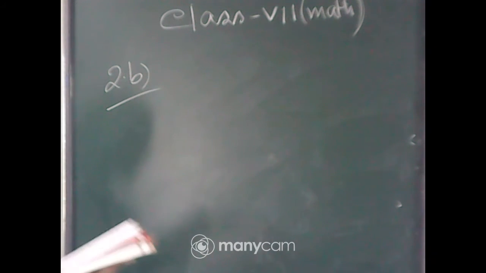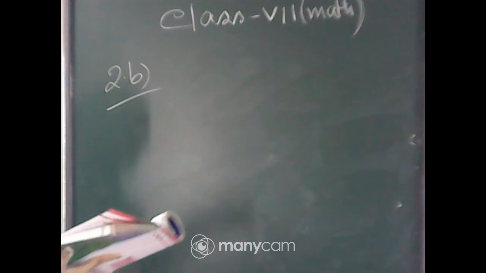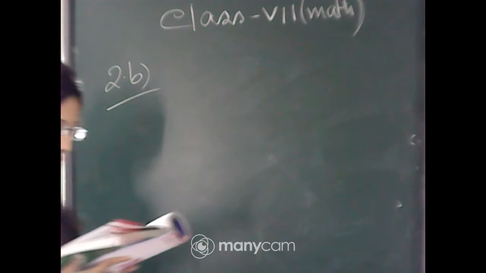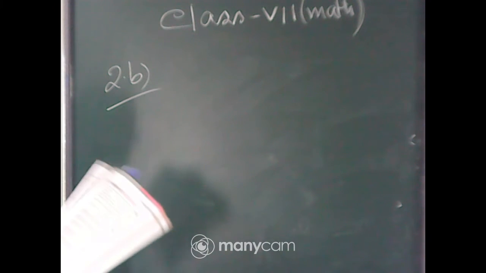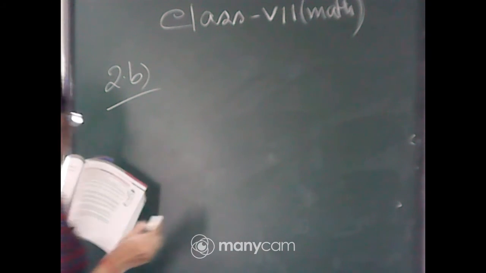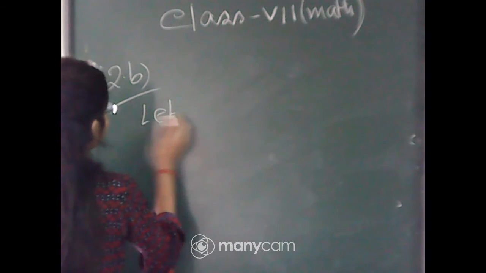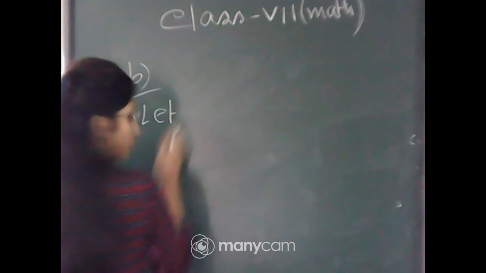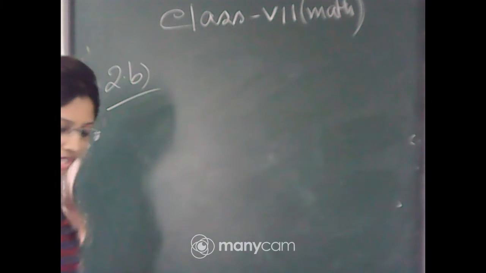In an isosceles triangle, the base angles are equal and the vertex angle is 40 degree. What are the base angles of the triangle? For this, we first suppose the base angles. First we draw the picture of an isosceles triangle.